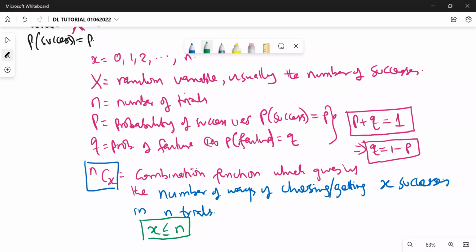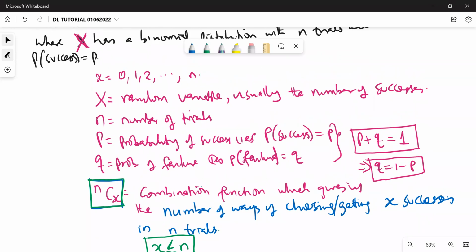The number of successes is always less or equal to the number of trials. It makes sense to say that you cannot have more successes than the number of trials. The maximum number of successes you can get is actually the number of trials. So that's why we have x less or equal to n. So I guess you know how to use the calculator to obtain this value. If you don't know, we'll be looking at it later.